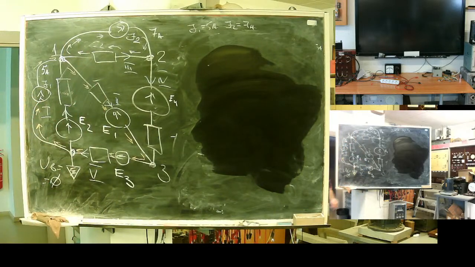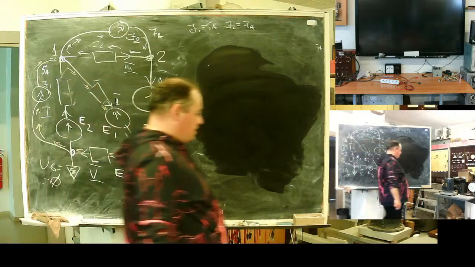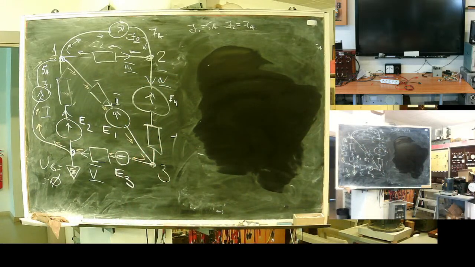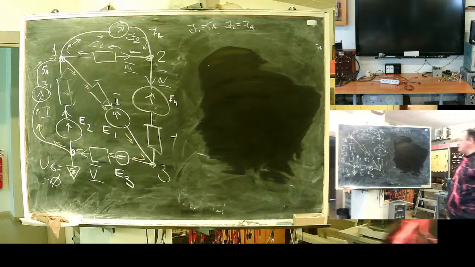I assume a set of branches forming a contour where this current source's current will circulate. It's an assumption that the current from this current source flows only in this set of branches.